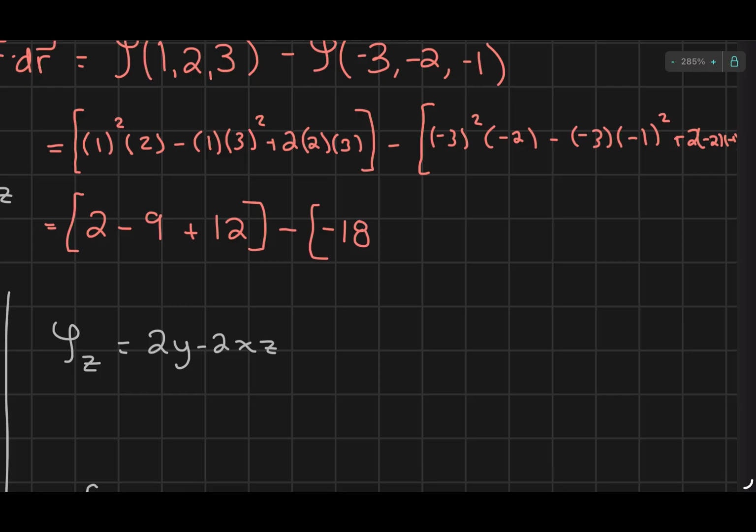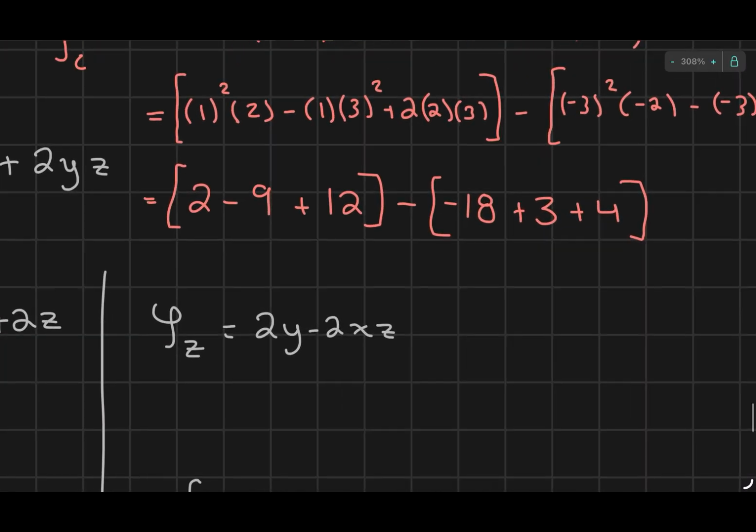Minus negative 3 times negative 1 squared, that's negative 3 times 1, that's negative 3. Negative 3 is going to be positive 3. And then plus 2 times negative 2 times negative 1. Negative 2 times negative 1 is going to be 2. So this is just plus 2 times 2, that's going to be plus 4. Doing a lot of algebra in my head, sorry.